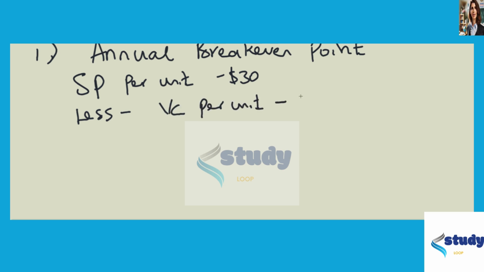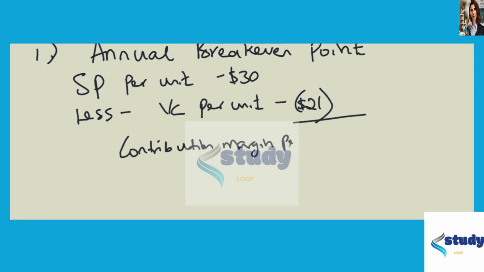And the variable cost per unit is $21. So we less that, and the difference will be the contribution margin per unit. And that is $9, right? Because 30 minus 21 is 9.